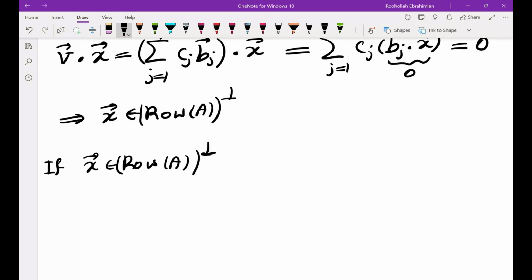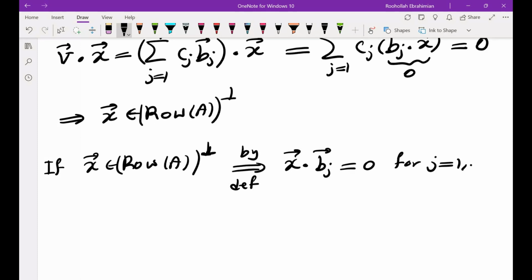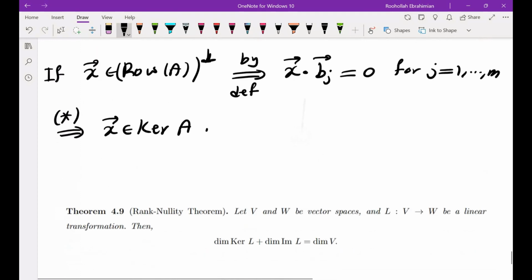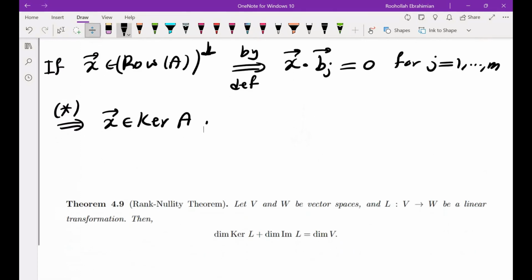Okay, so if that's the case, then by definition, X is orthogonal to every row of A, for every j from 1 to m. And that by star means X must be in the kernel, because we just showed that being in the kernel and being orthogonal to all the rows are equivalent. Those two things are equivalent.